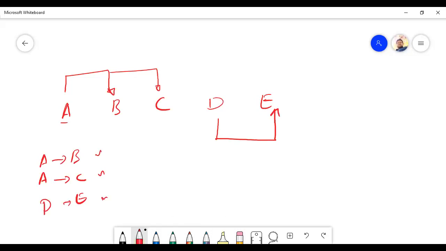Now, what is our case in 1NF? If you are telling that this particular relation is 1NF, there should be no multi-value attribute. If there is no multi-value attribute, in the sense there will be no repeating group.